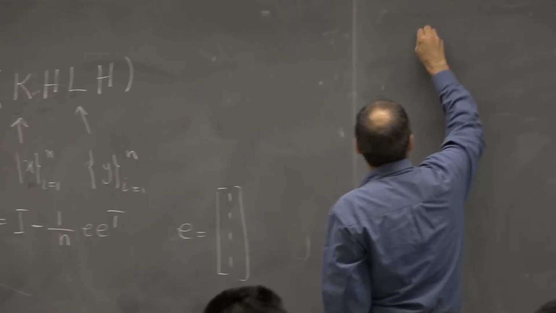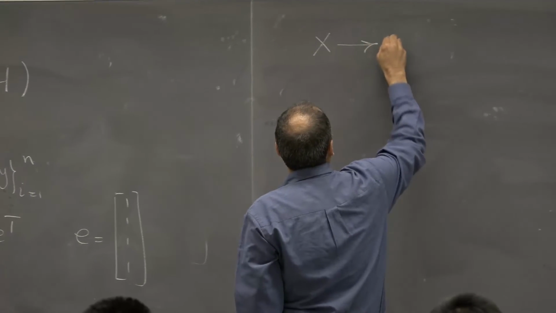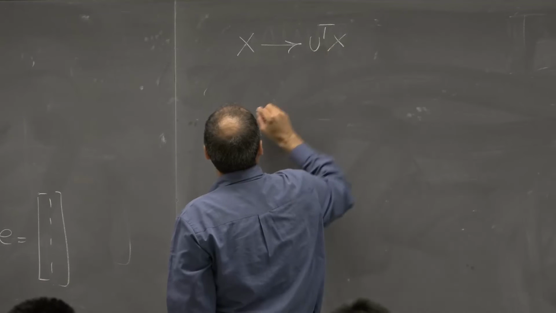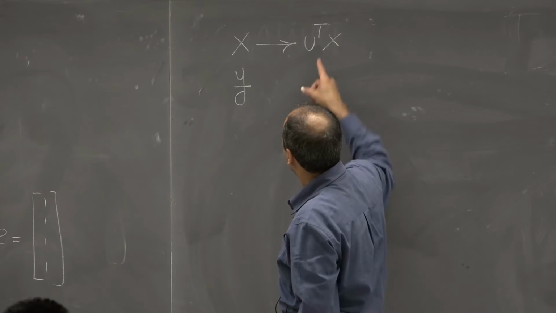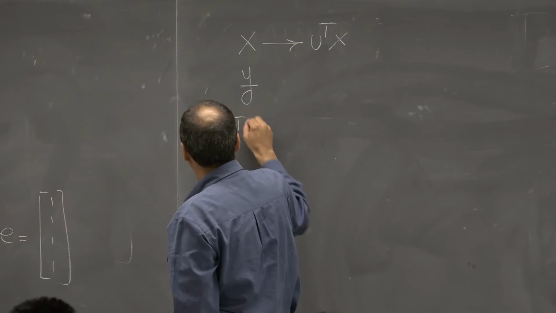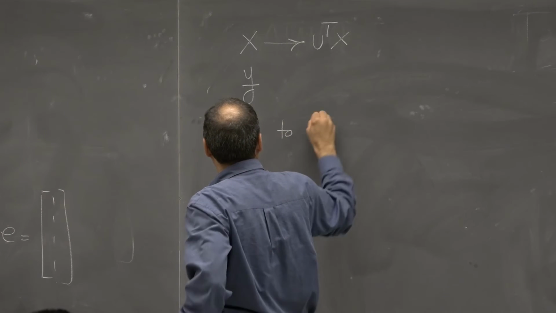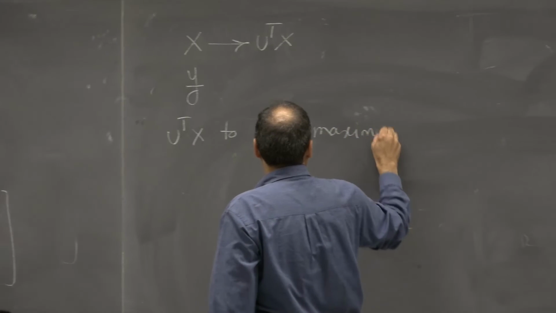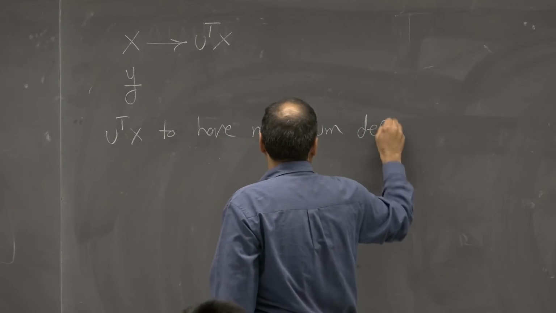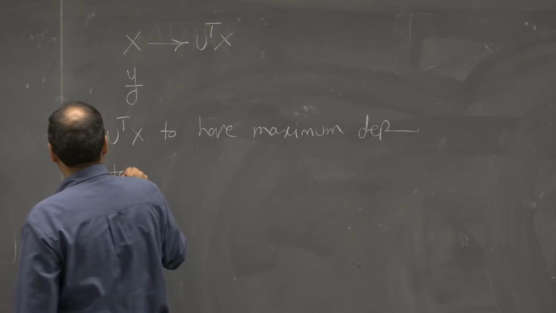So I have X. X will be mapped to a lower dimensional space, and I have some Y. And I want U transpose X to have maximum dependency to Y.